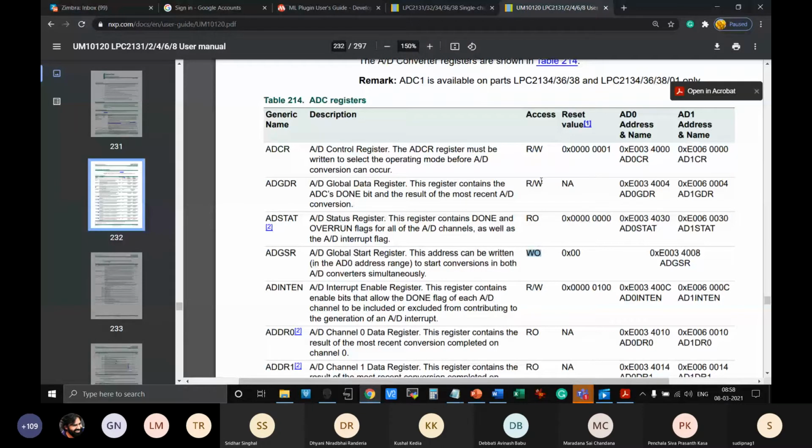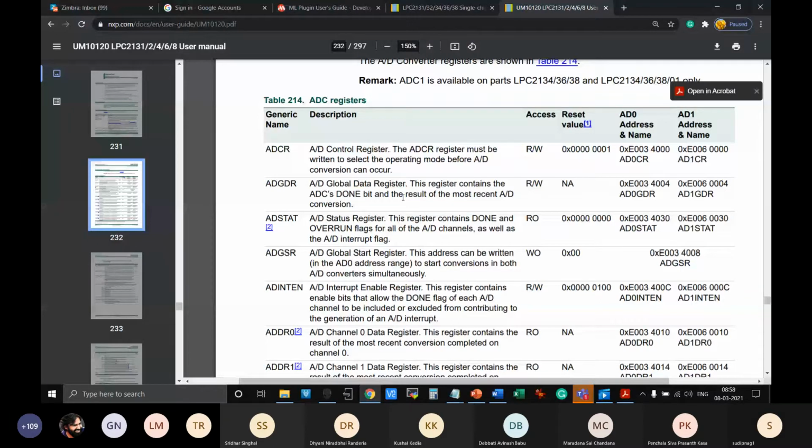So you have to study these registers in detail, and all these registers are mapped with 32-bit addresses, but not necessarily are all these registers 32-bit, because your data is only 10 bits. You have to see which 10 bits are useful for your converted data.